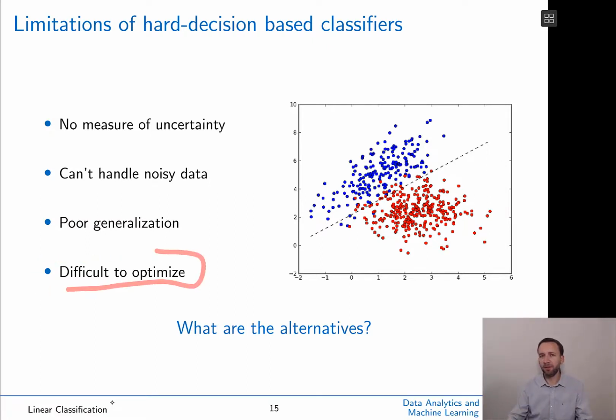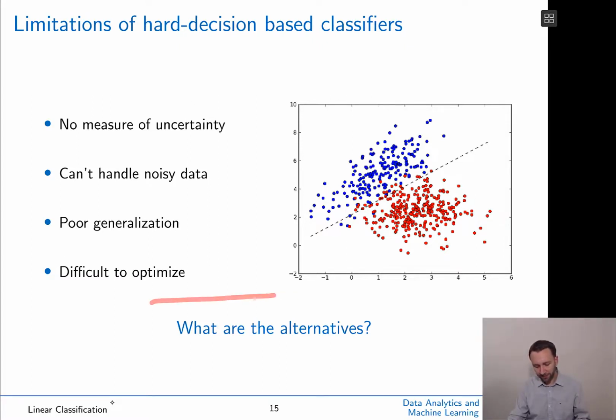I've shown you this solution, which looks easy, but inherently these hard decision-based classifiers might be hard to optimize, specifically if you look at the 0-1 loss, which has this kind of step function where we have very hard learning. Also, if you look later on at gradient-based learning, which is very hard to do for such hard models.